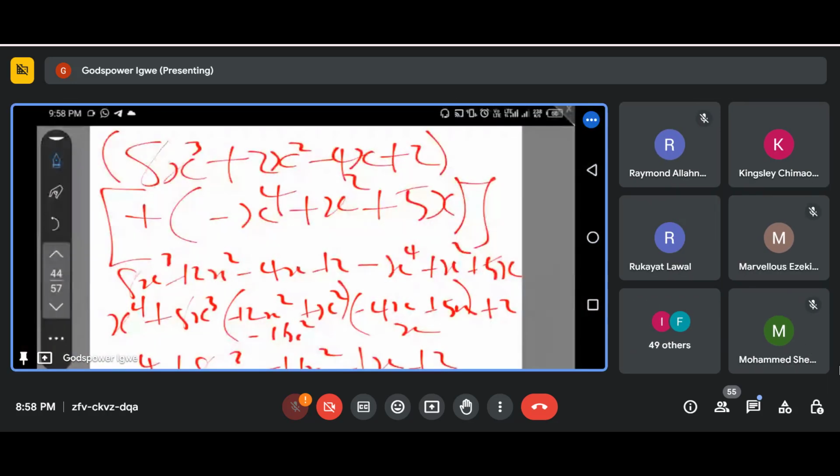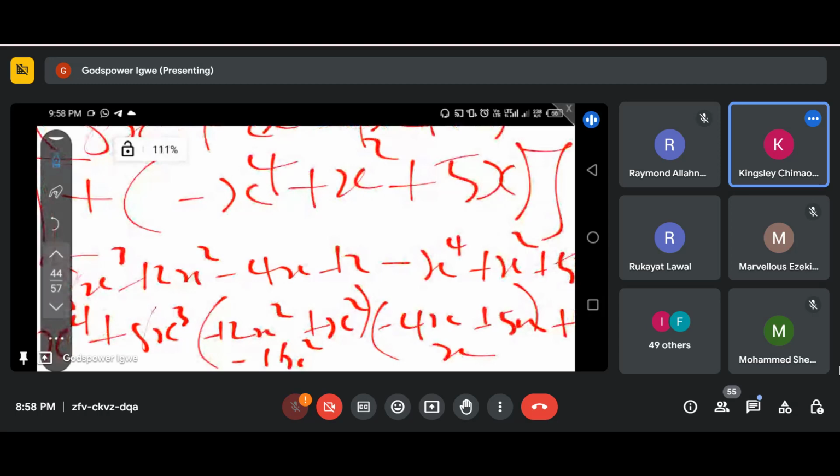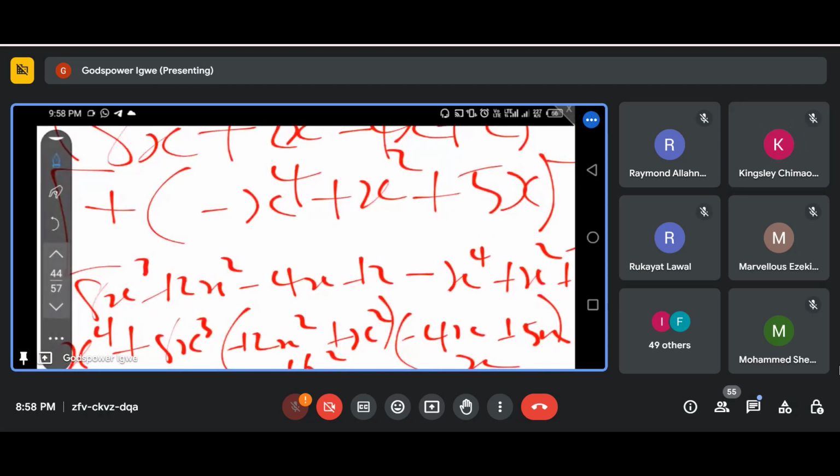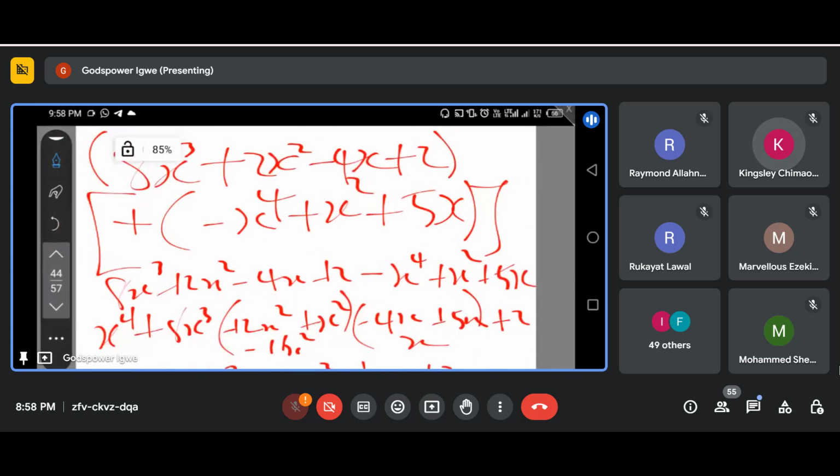Oh my god. Sorry, is it minus 2x? It's not even minus, it's plus 2x. I thought it's minus. This is supposed to be plus 2x.